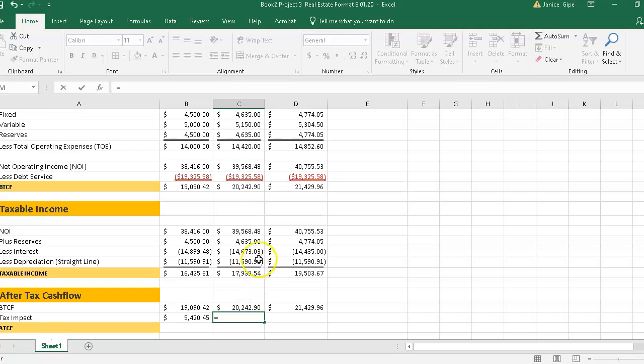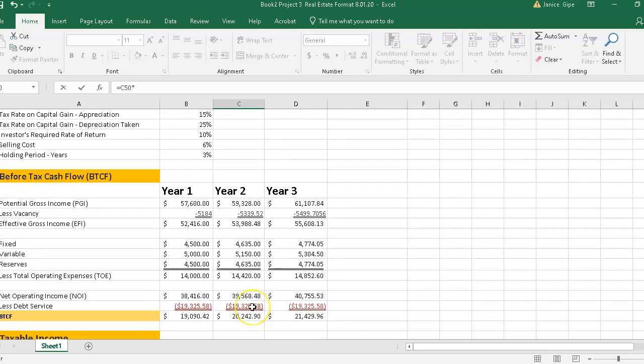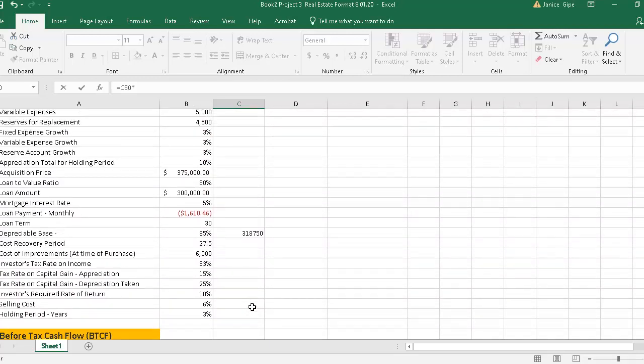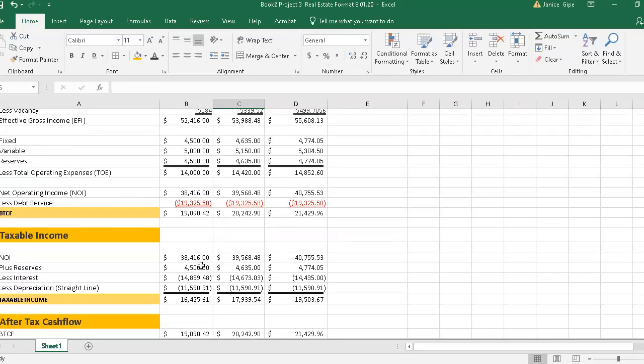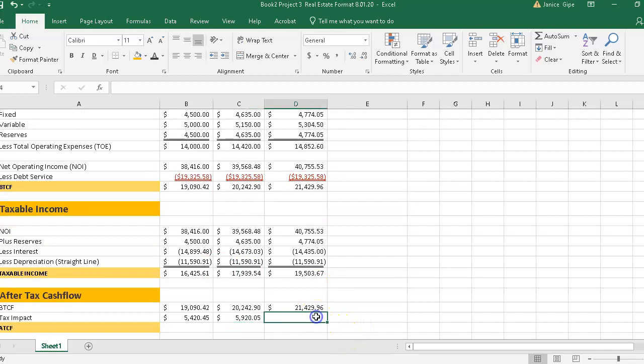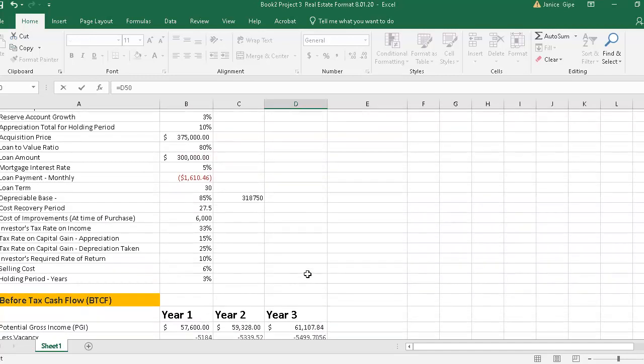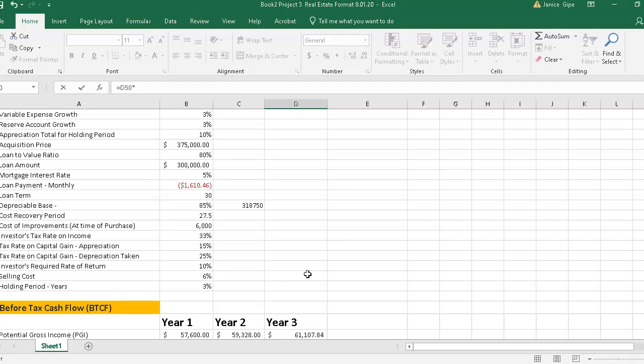And again, you would do the same. You would take the total taxable income times your 33% tax rate, the investor's tax rate, and same thing with your taxable income for the third year times your tax rate again.